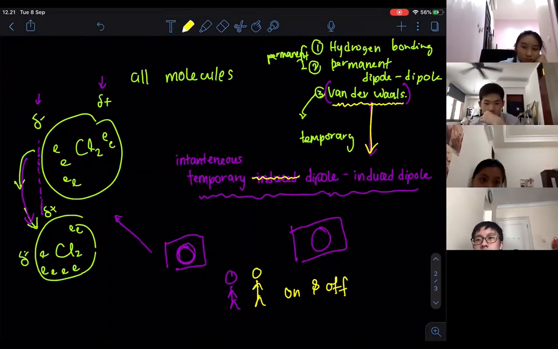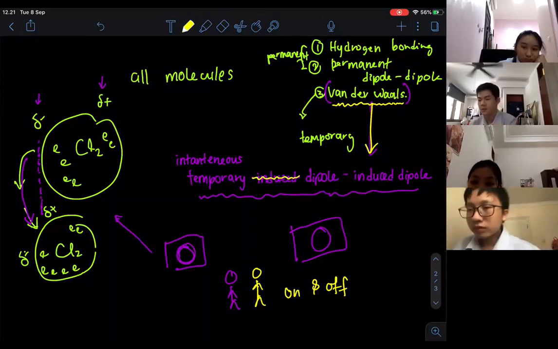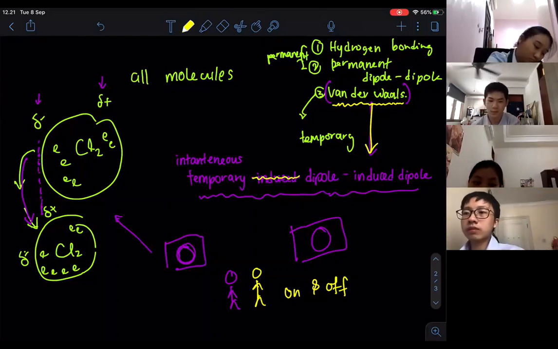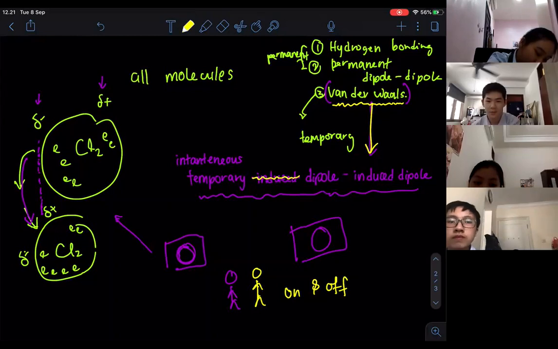So we focus on the CIE syllabus, where van der Waals force is instantaneous dipole-induced dipole. Imagine the camera or imagine the on and off relationship.